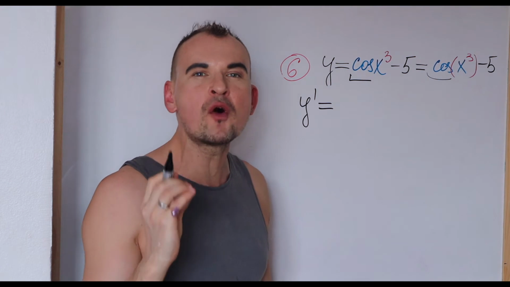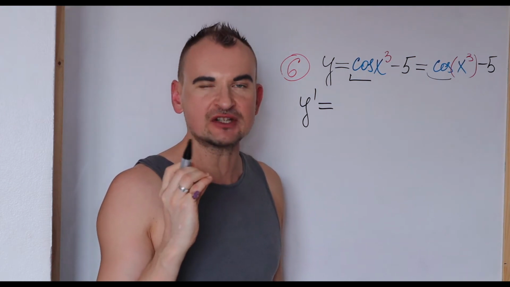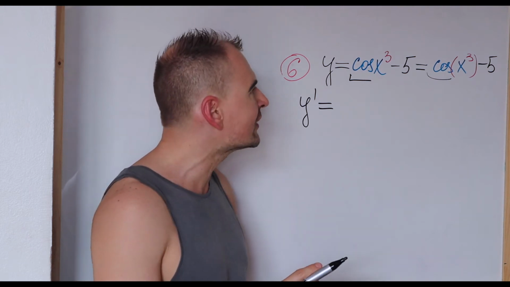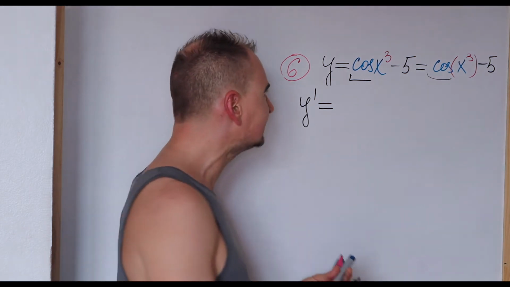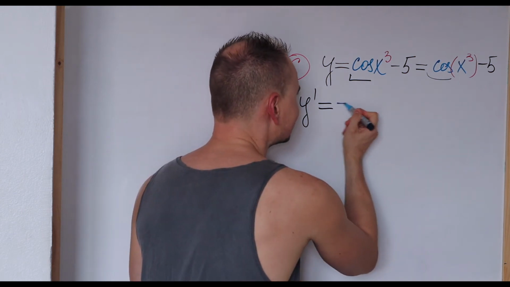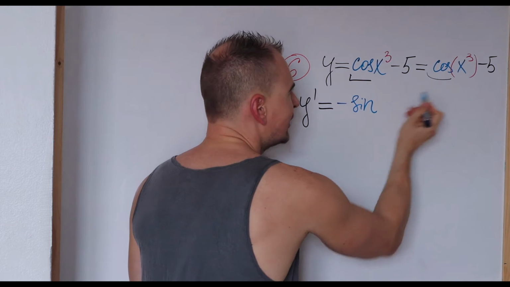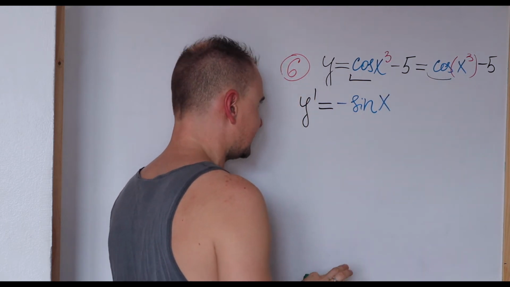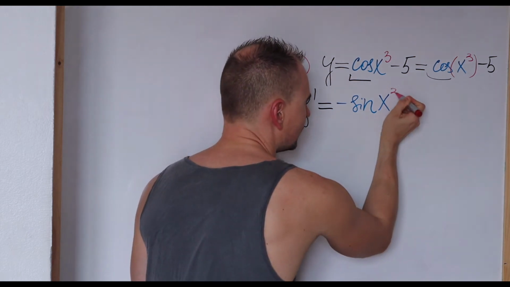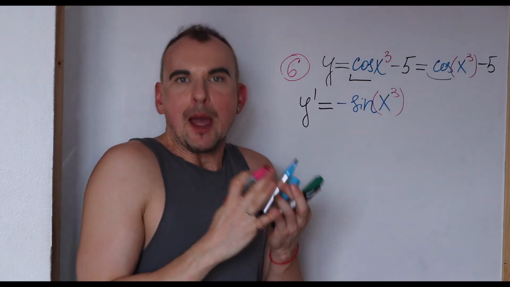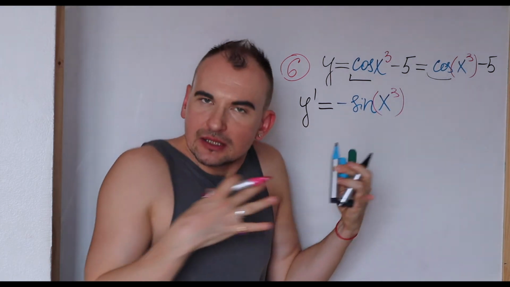So first of all, you have to find the derivative of cosine, and remember that the derivative of cosine is negative sine. So go ahead and write it: negative sine, and you want to keep this argument x cubed, since that's the argument of your original function. You could also draw parentheses around it if it helps you.